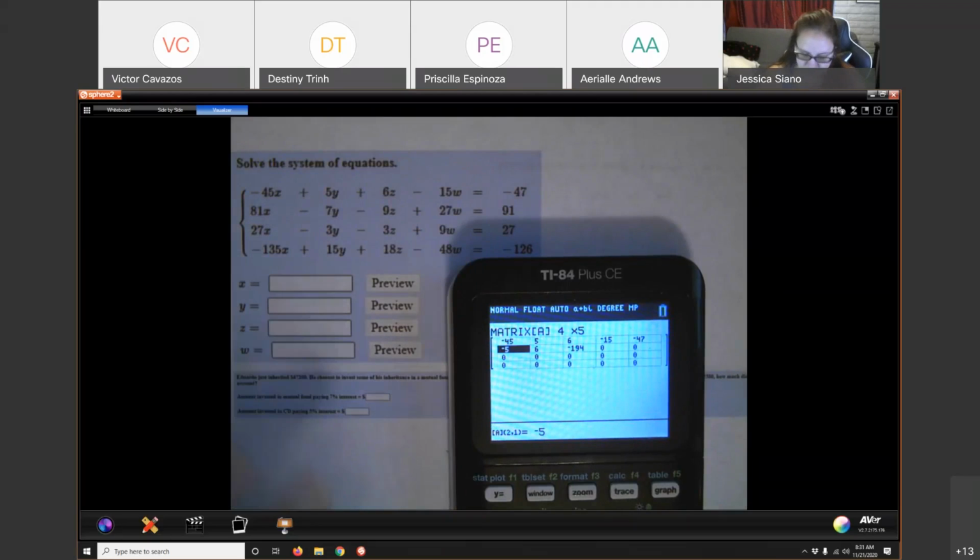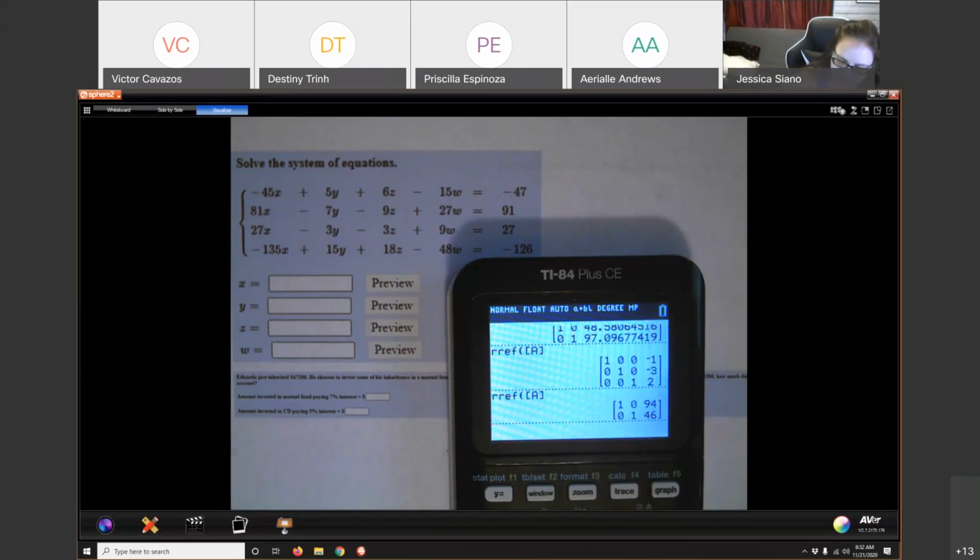And again, that's just enter in between each one, and enter will move it. 81, negative 7, negative 9, 27, 91, 27, negative 3, negative 3, 9, 27, negative 135, 15, 18, negative 48, negative 126. Okay, looks good.